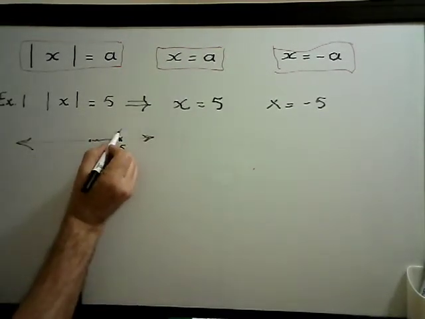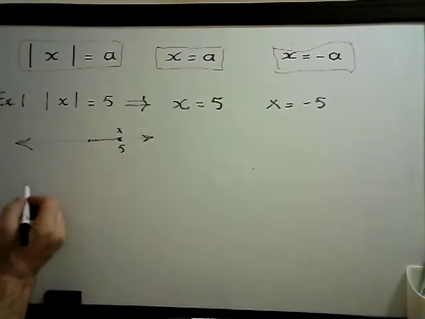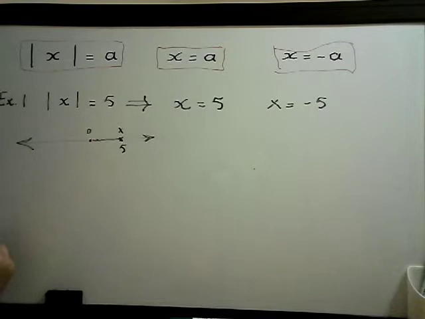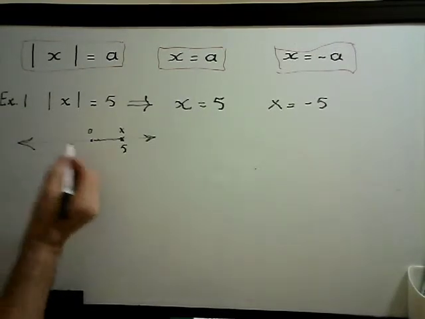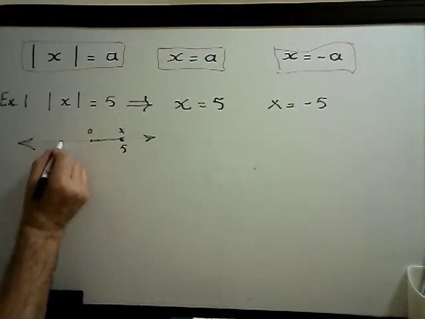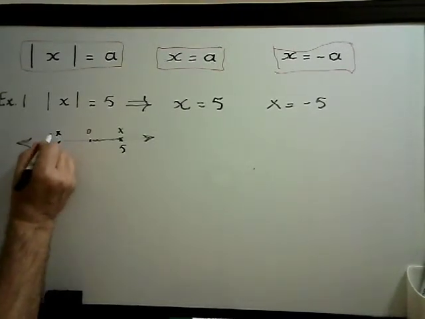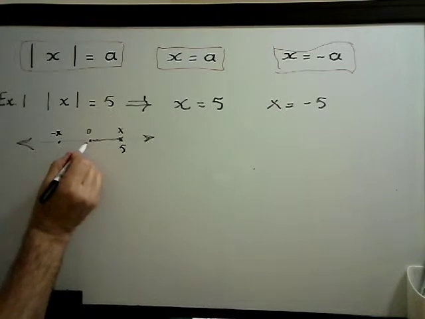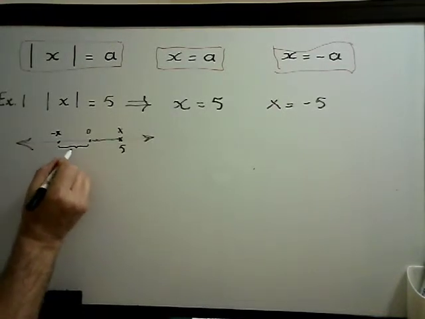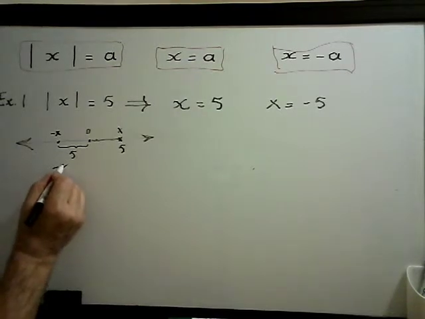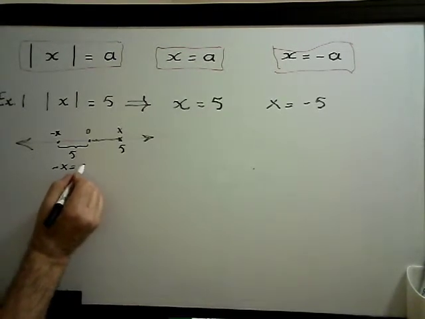When x is at this point, x is equal 5 here. O. And on the other side, when x is at this point, it will be negative. Still the distance here is also 5. So negative x is equal to 5.